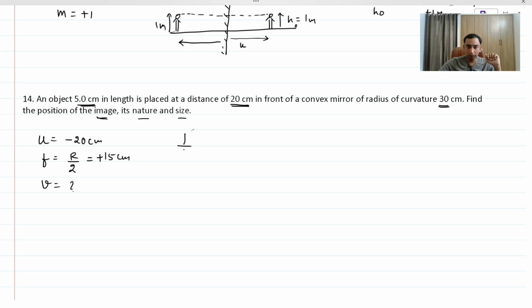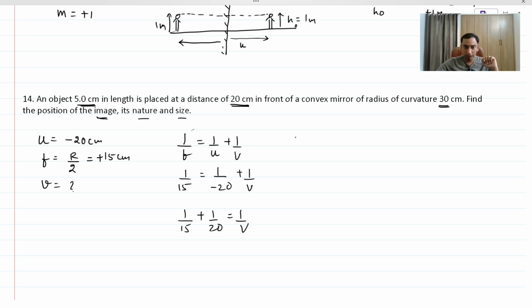So I'm going to use the formula 1 upon f equals 1 upon u plus 1 upon v. 1 upon plus 15 equals 1 upon minus 20 plus 1 upon v. Take this on the other side. So this is again 1 upon 20 plus 1 upon 15, that is 35 divided by 15 2s are 30, so that is 300, that is 1 upon v.